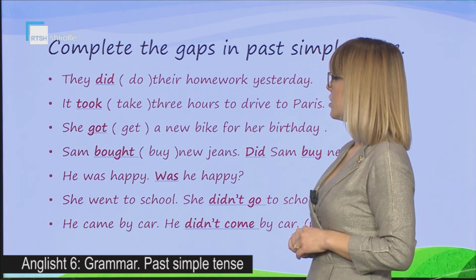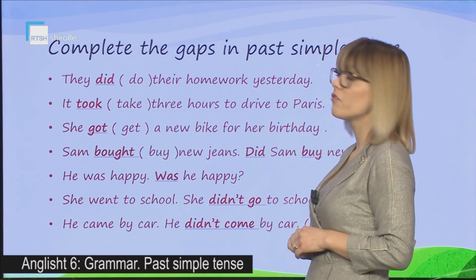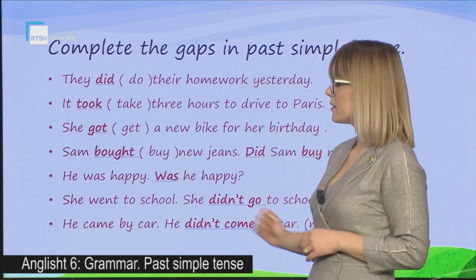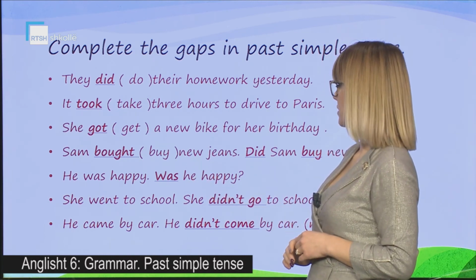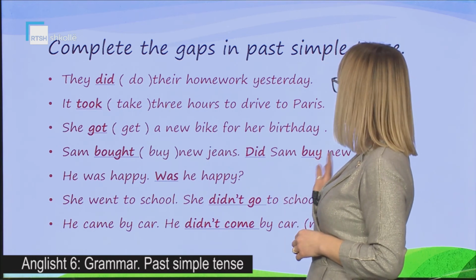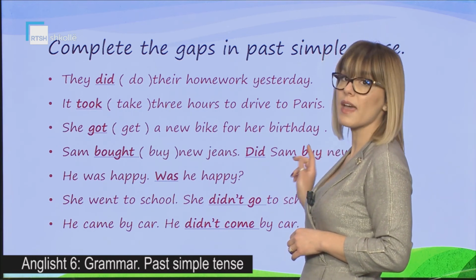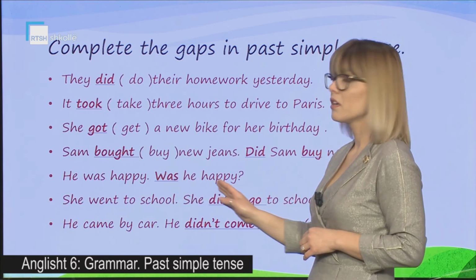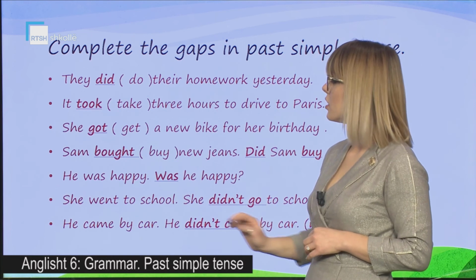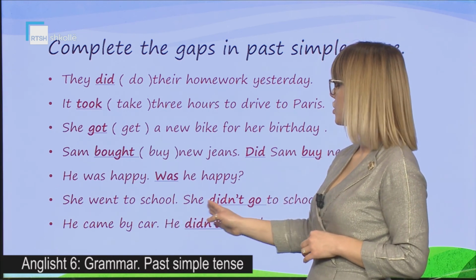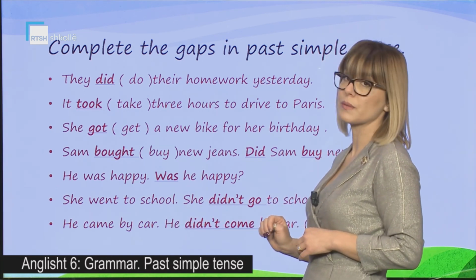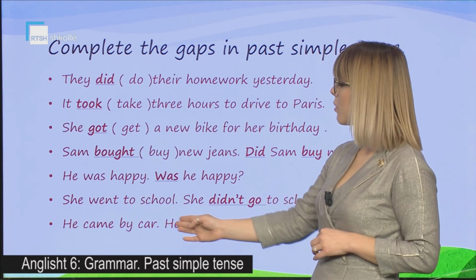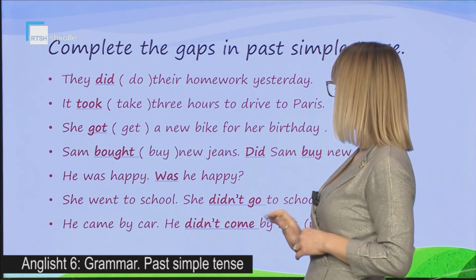She got a new bike for her birthday. Sam bought new jeans. Did Sam buy new jeans? So we have even the interrogative form. He was happy. Was he happy? She went to school. She didn't go to school. He came by car. He didn't come by car.